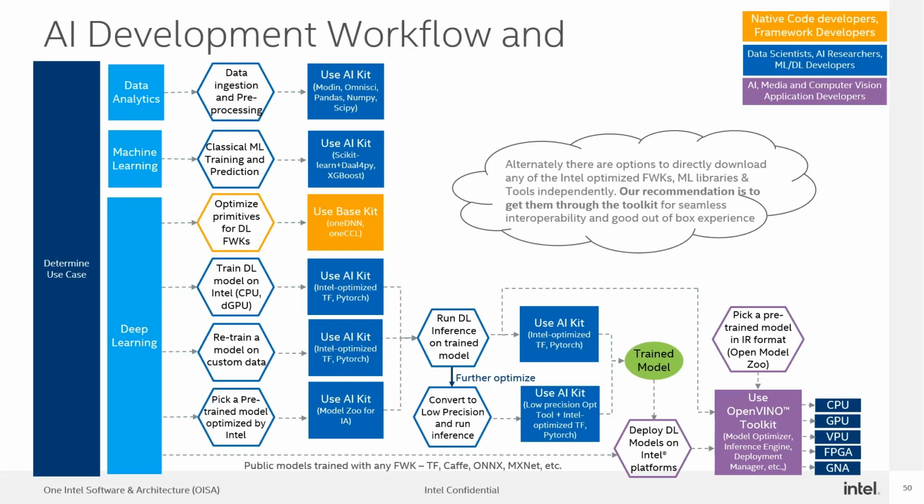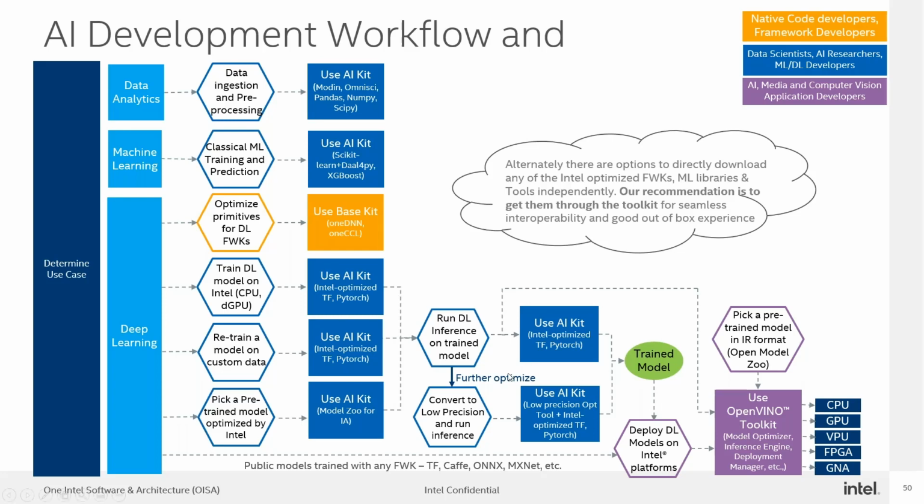In the AI Analytics Toolkit, we not only have the Intel optimizations for PyTorch and Intel optimization for TensorFlow, we also have the OpenVINO Toolkit, which was designed specifically to accelerate the inference part of deep learning. Also, traditional, classical machine learning tasks are supported in the AI Analytics Toolkit.